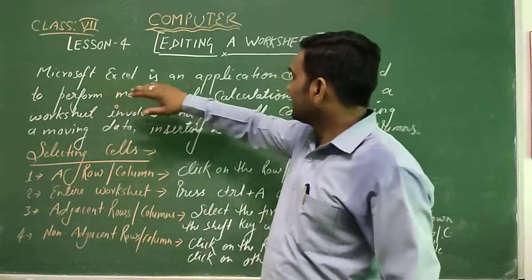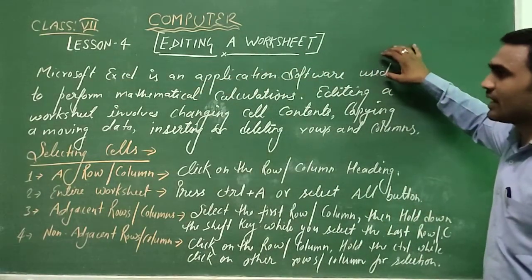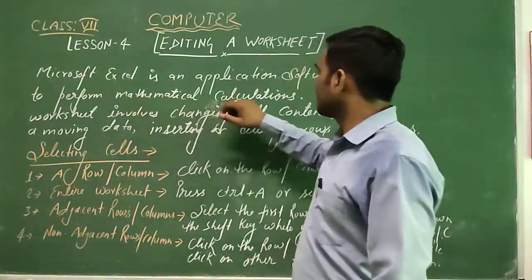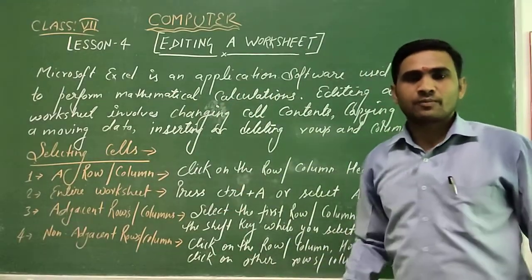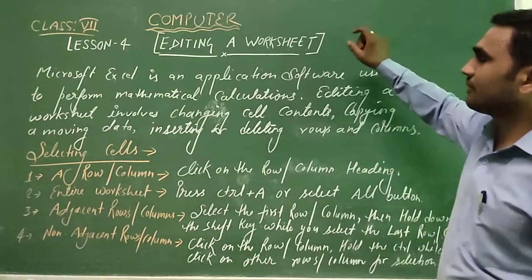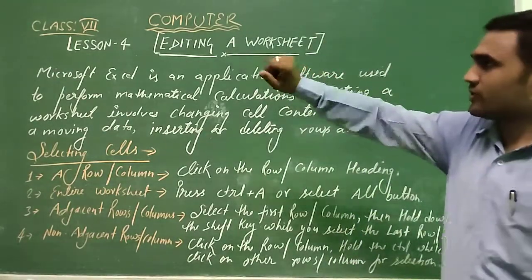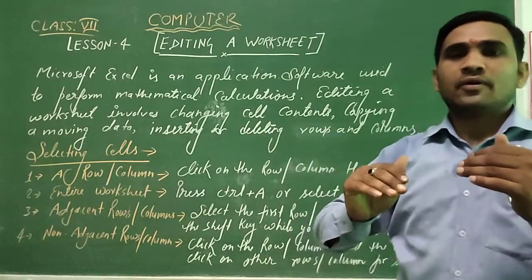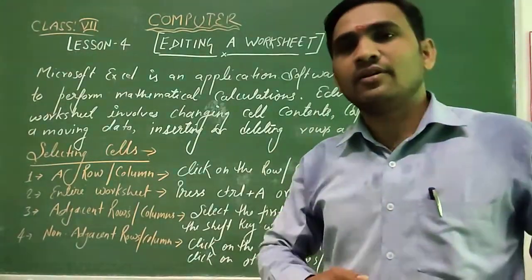So Microsoft Excel is an application software and it is used to perform mathematical calculations and operations. In this topic, there is the editing of worksheet. It means in this lesson we'll discuss how we can edit the content in the worksheet.